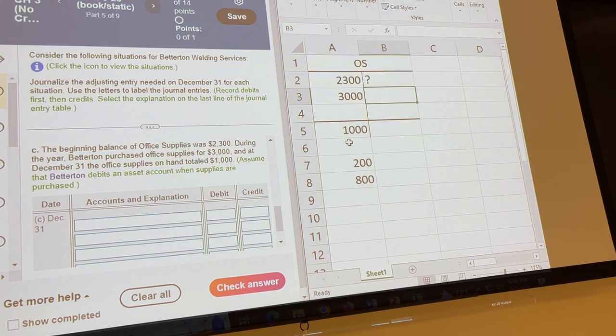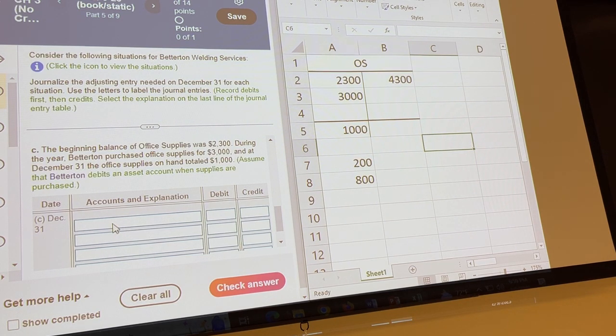And we want to end up with a balance in the account of 1,000. So how much do we have to credit the account for? 4,300. Right. This needs to be a credit of 4,300. That's the amount that we've used up of office supplies.